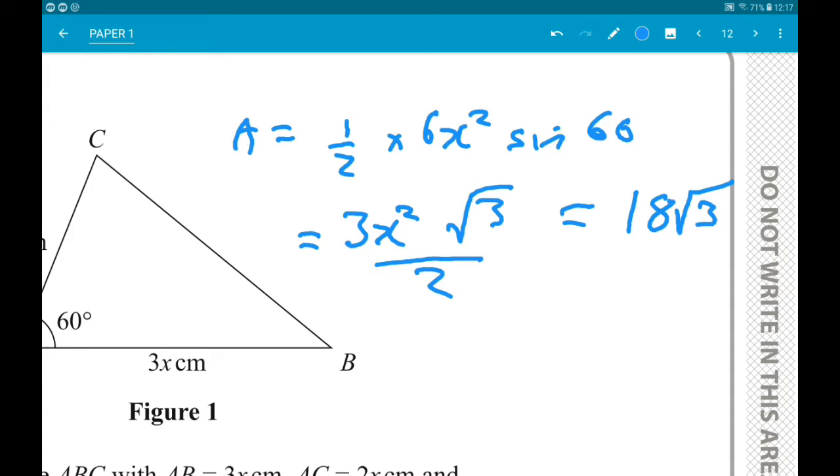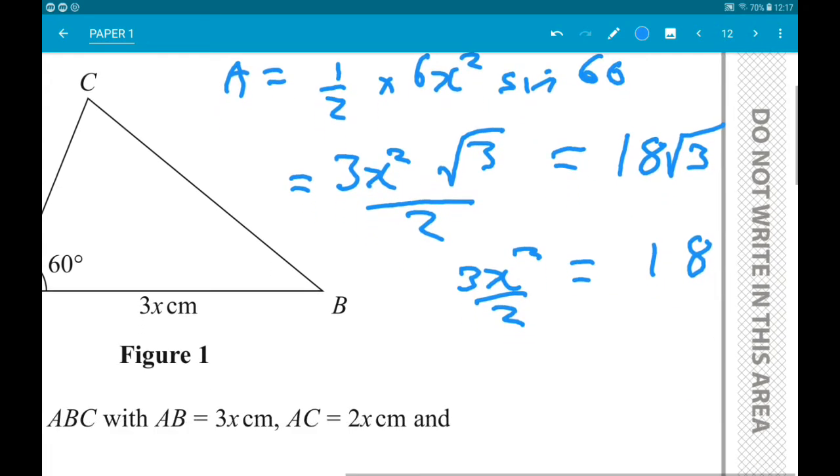So, from that, we can now say then 3x squared over 2 is 18. Multiply by 2, divide by 3, we get x squared is 12. x is then root 12, which is indeed 2 root 3.